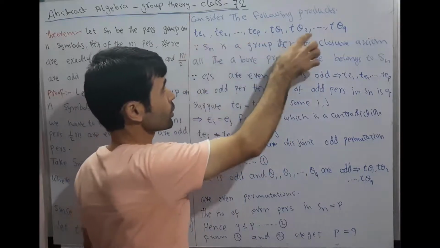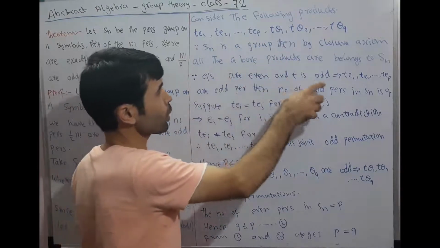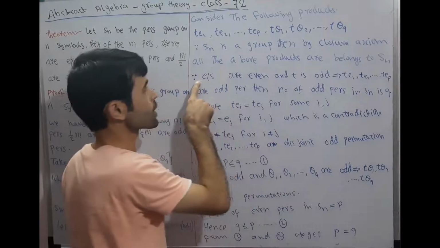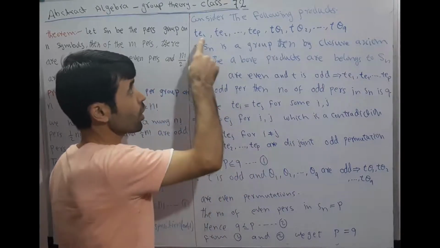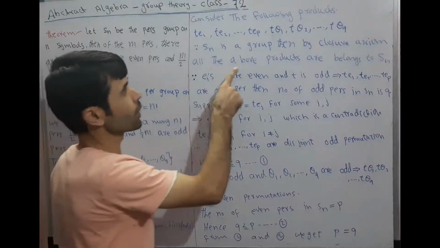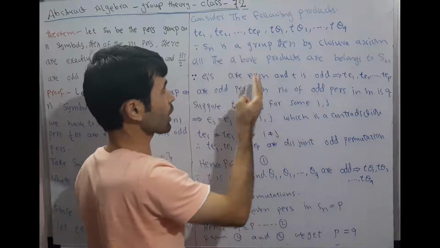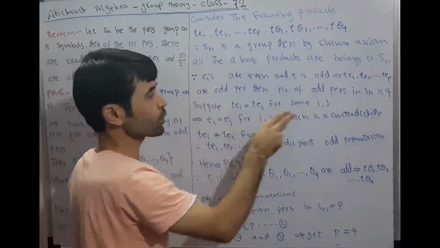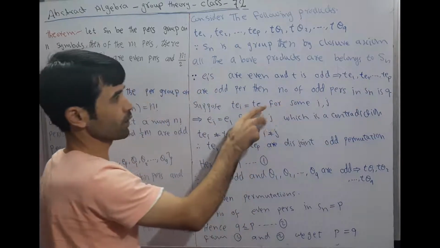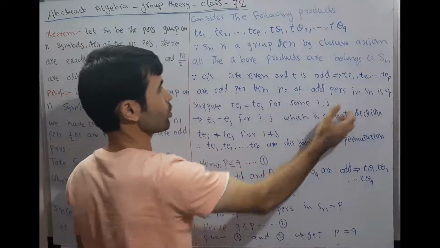It means the product of all these elements belongs to Sn. Since all the Ei here are even permutations and T is an odd permutation, the product of an even and an odd permutation will be an odd permutation. So the number of odd permutations in Sn is Q.